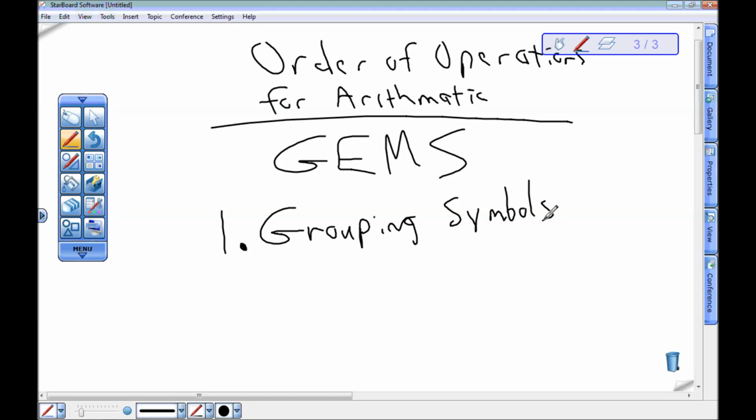These are things like parentheses, brackets. Some people use braces as grouping symbols. I'm not a fan of that because I like to preserve my braces for sets. Absolute value bars are grouping symbols. If you look at a fraction, the stuff on the top is grouped with the stuff on the bottom, as far as I should do those first before I divide. Anyway, all grouping symbols, that's my G.